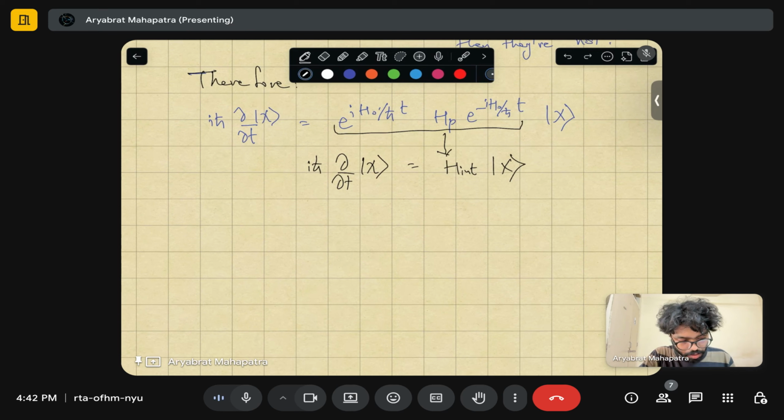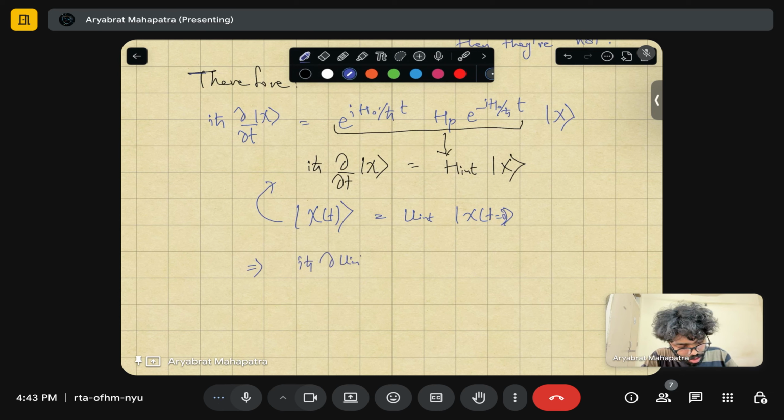But this time you need to be careful that your chi of t is something u int chi of t0, which means if you put this in the Schrodinger equation, you will get i h bar del u int by del t equal to H int u int.